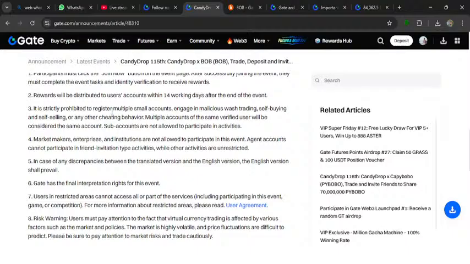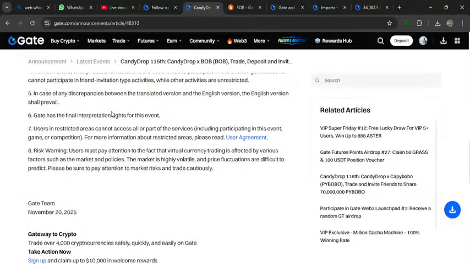Number four: market makers, enterprises and institutions are not allowed to participate in this event. An agent account cannot participate in friend invitation type activities, while other activities are unrestricted. Number five: in case of any discrepancies between the translated version and the English version, the English version shall prevail.